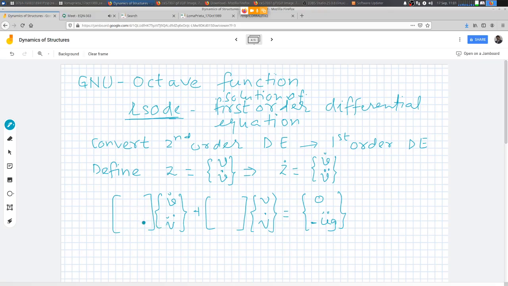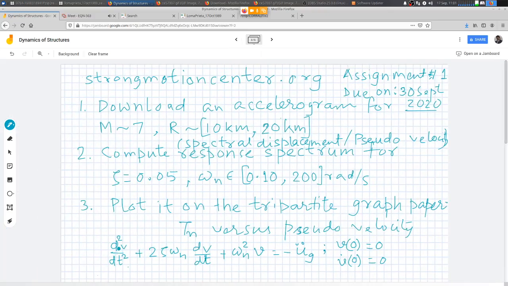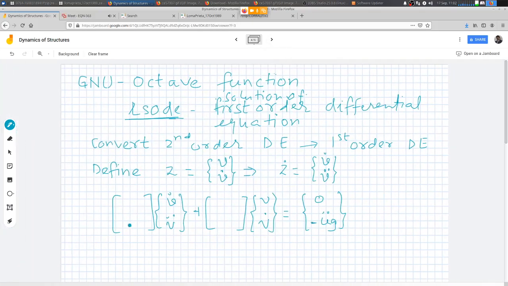So what is this 2 by 2 matrix here? The original differential equation, we had v double dot. So I just concentrate on the second row.